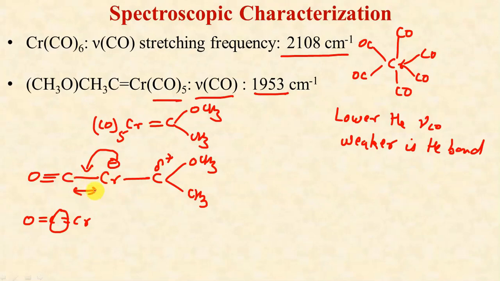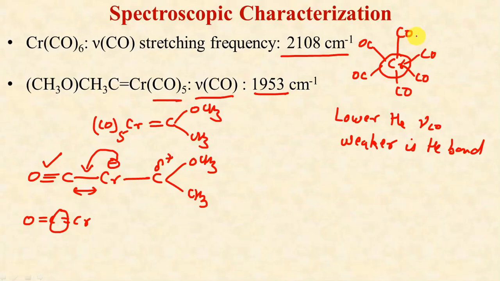Obviously nu CO will fall because the CO bond becomes weaker. So in comparative analysis, the electron density of chromium or metal is transferred to the carbon atom of carbonyl through d pi p pi back bonding, which strengthens this bond and weakens the CO bond.